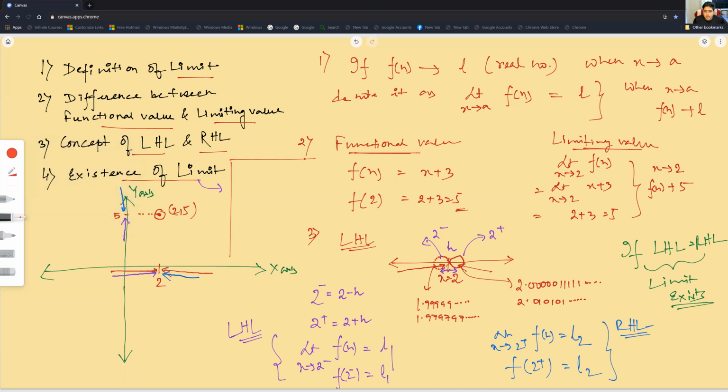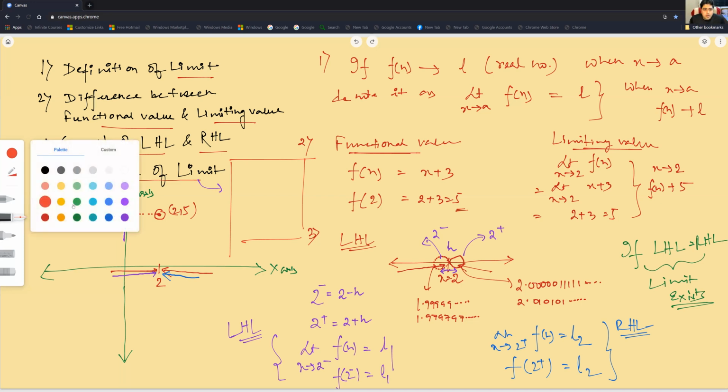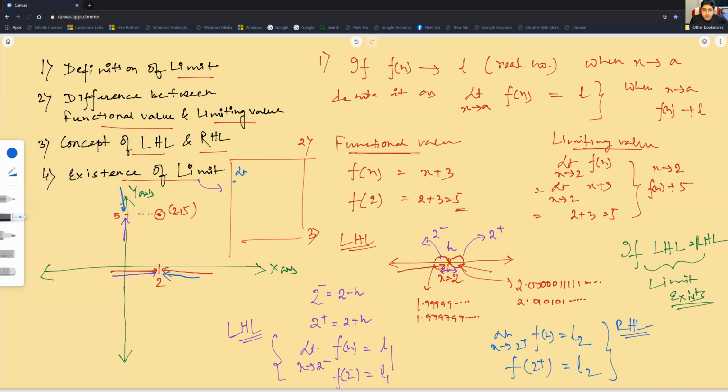So basically, if I say limit x tends to a minus f of x equals limit x tends to a plus f of x, then this is nothing but f of a minus and f of a plus.